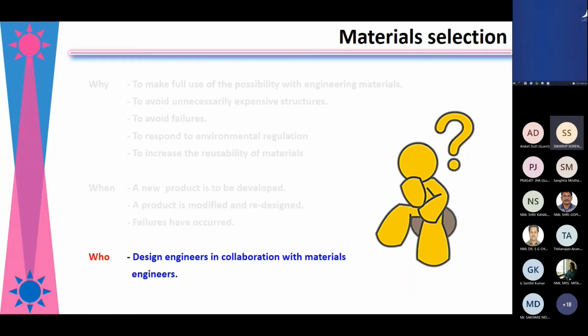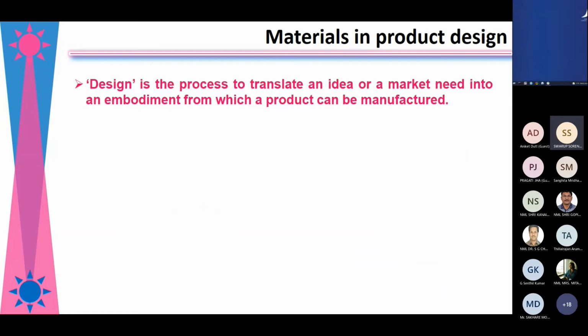And who will do that? Definitely design engineers in collaboration with materials engineers. Okay, so what is design? If we want to make a product, definitely we have to make a design. And what does material do in a product design? If we define the design of a product, then we can say that design is the process to translate an idea or a market need.